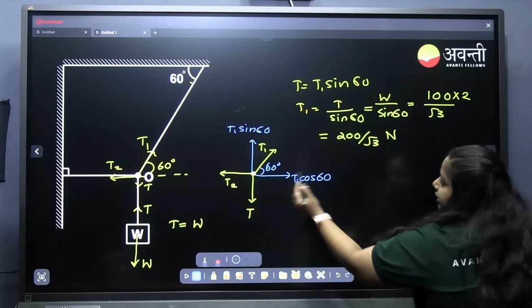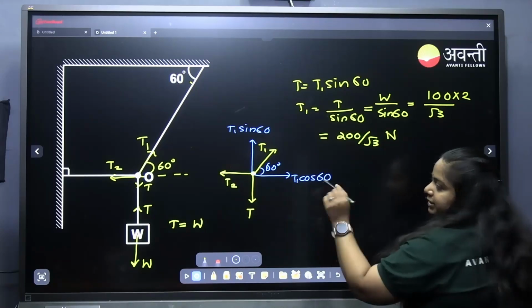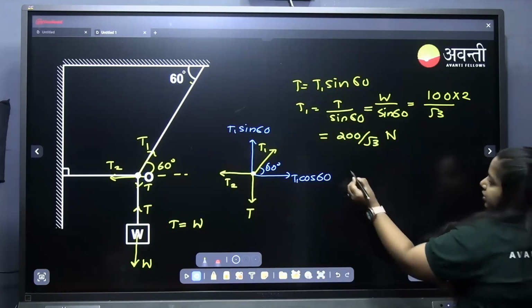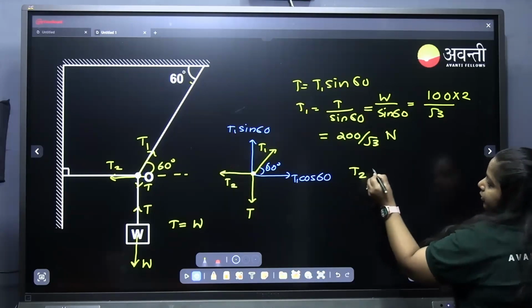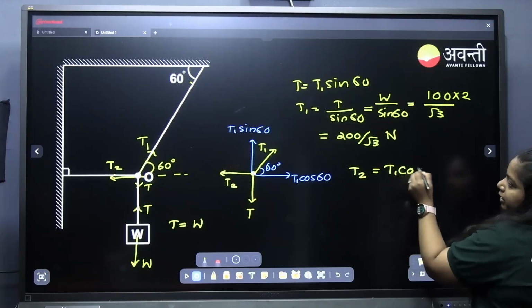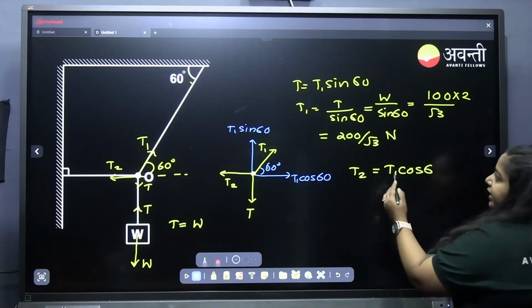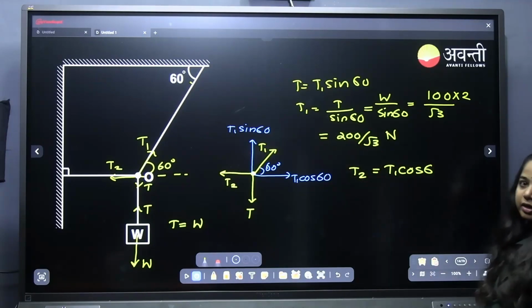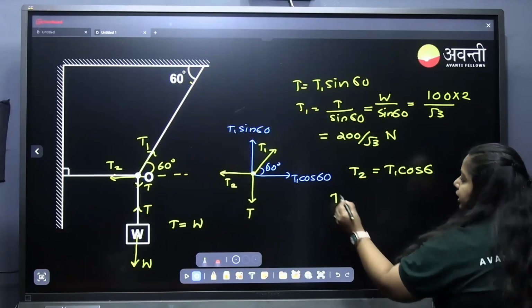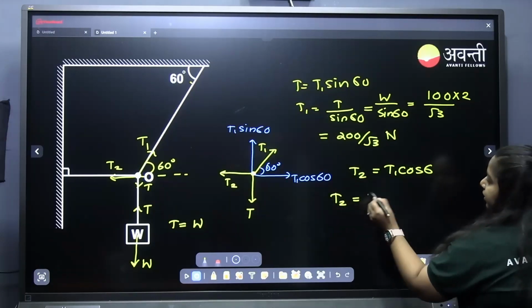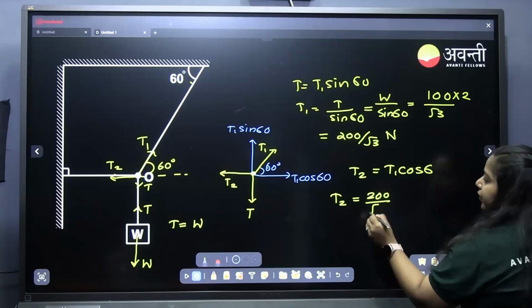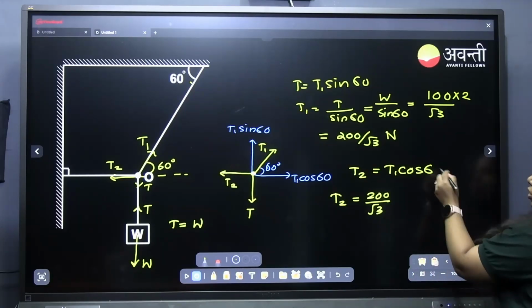Next, this T1 cos 60 is in this direction, T2 in that direction. From that I am writing T2 is equal to T1 cos 60. T1 we found here, 200 by root 3. So T2 will be equal to 200 by root 3 into cos 60.